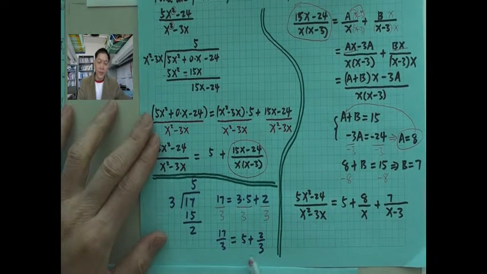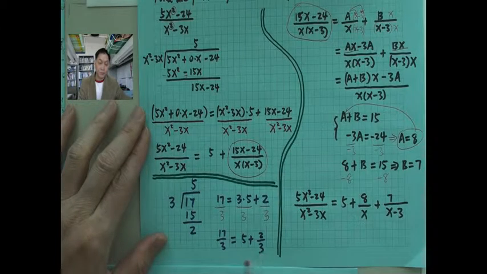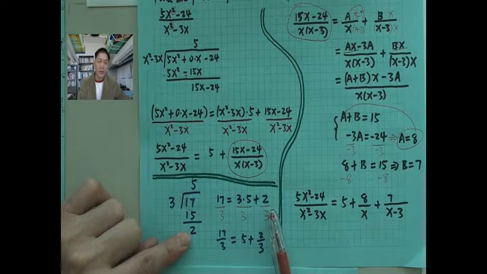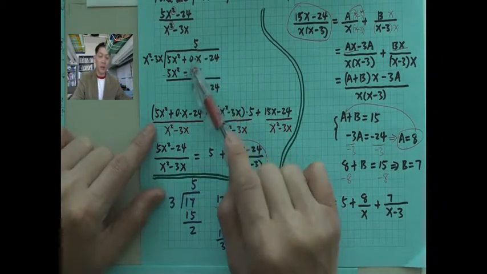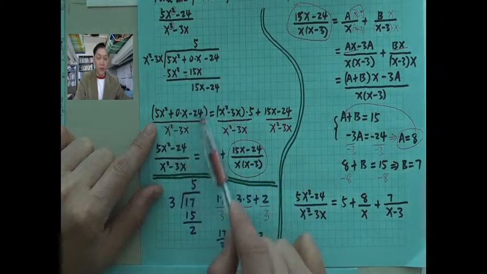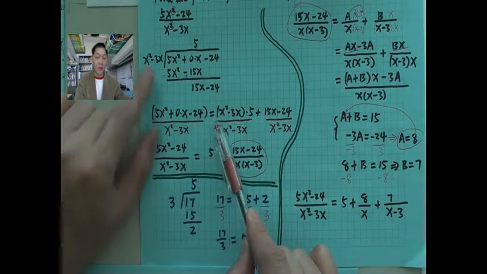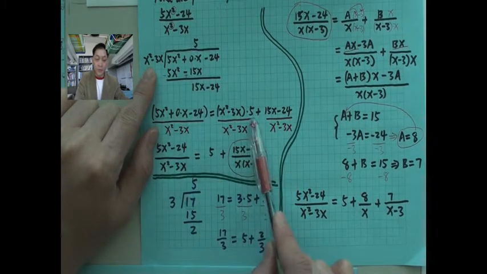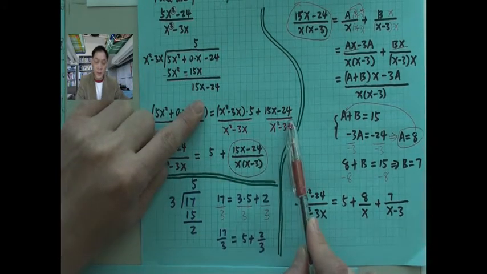So basically what it tells us is that 17 can be written as the divisor times the quotient plus the remainder. So here is the same thing. 5x squared minus 24 can be written as the product of the divisor times the quotient plus the remainder.